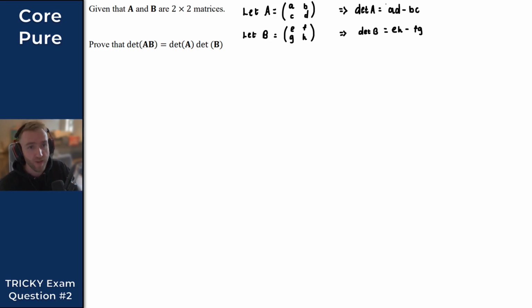Now let's express this as a product, as the right-hand side demonstrates. So det A times det B is equal to AD minus BC times EH minus FG.